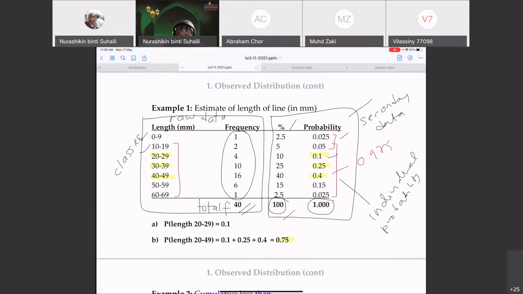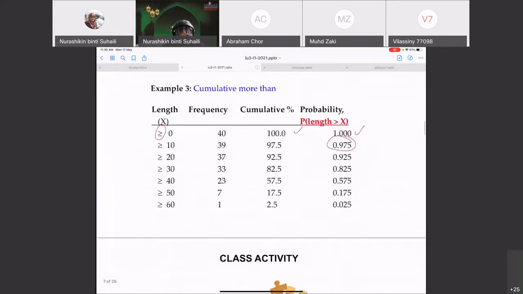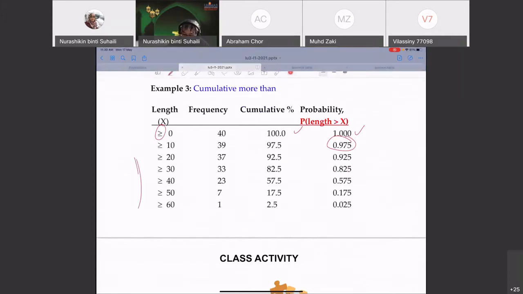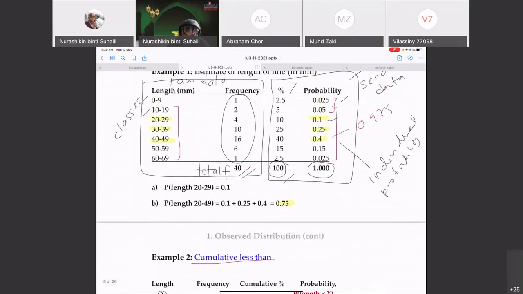Here it becomes less because at the end it refers back to the last class, which is 0.025. If you see back here, the last class is 0.025.